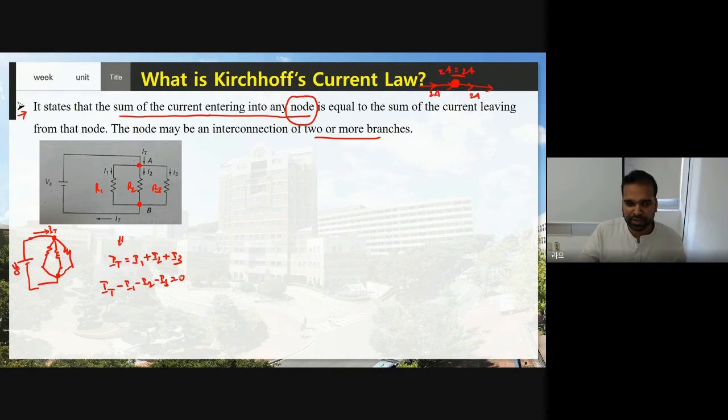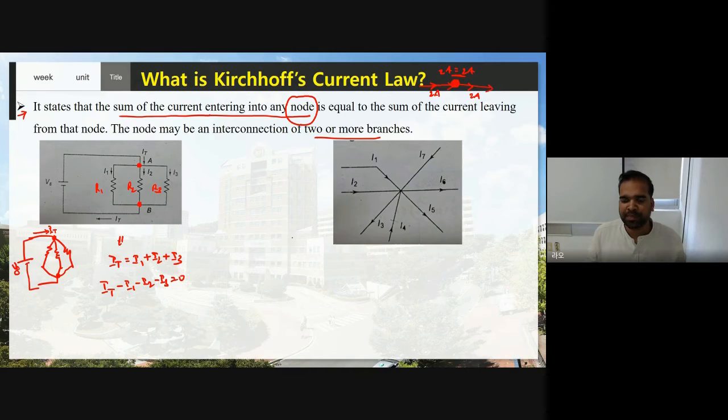It is very simple. Now for the second example, see how many nodes we have? Two or more elements are connected in a common place. So here, this is the common place where all elements are connected. Now, as per KCL, how many currents are entering into this node A and how many currents are leaving from this node A by using the arrow mark.